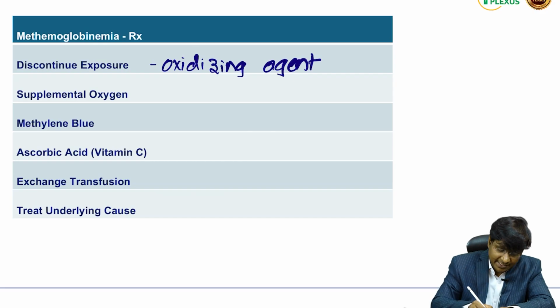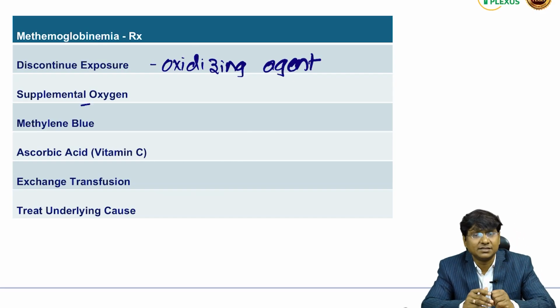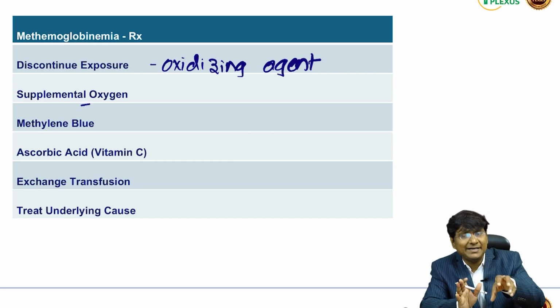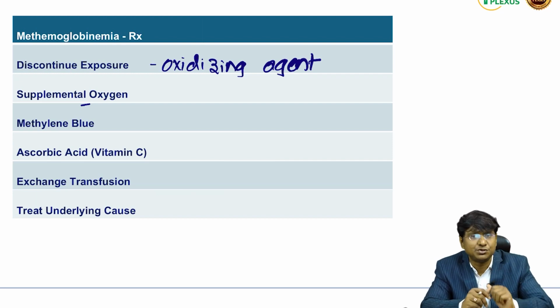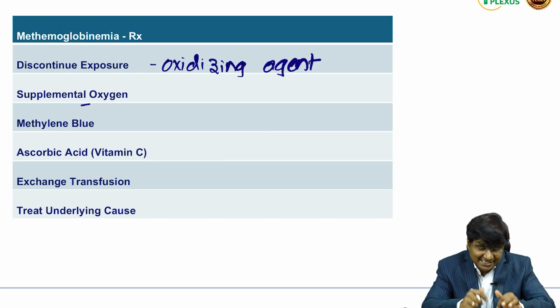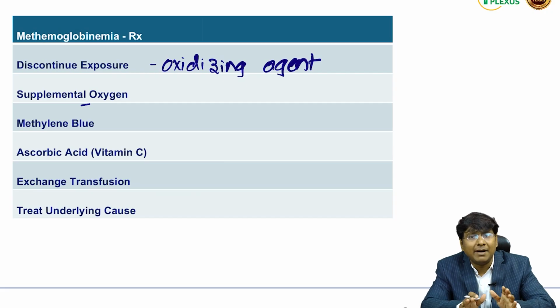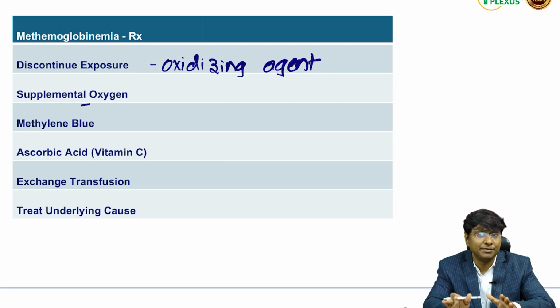Next is supplemental oxygen. Providing supplemental oxygen helps to improve the oxygen delivery to the tissues, and it can be beneficial. It is especially useful in cases of mild to moderate methemoglobinemia.